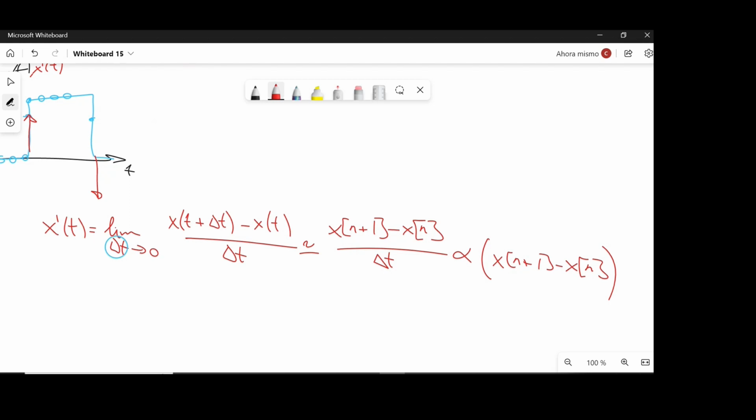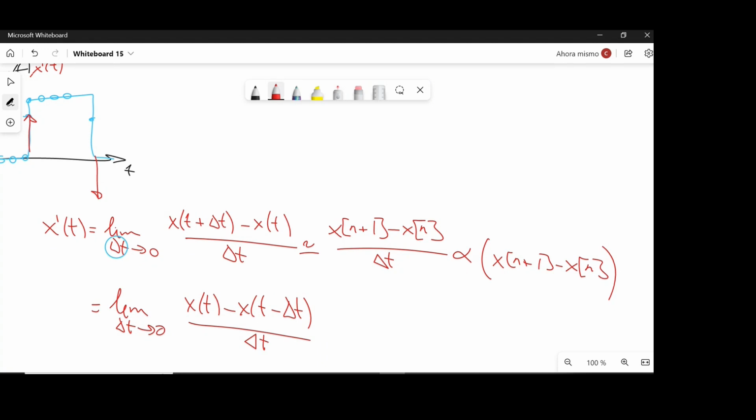We could have defined it in this way, but we could also define it in the following way. We could also have said that this is the limit of x of t minus x of t minus delta t when delta t goes to 0. You may remember this is the derivative when you come from the right, and this is the derivative when you come from the left.